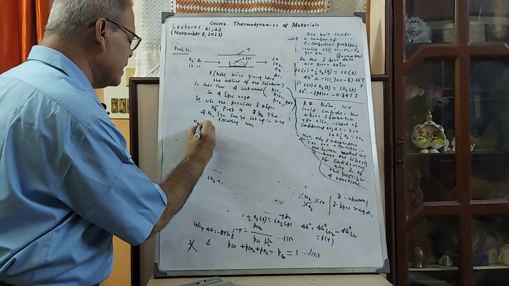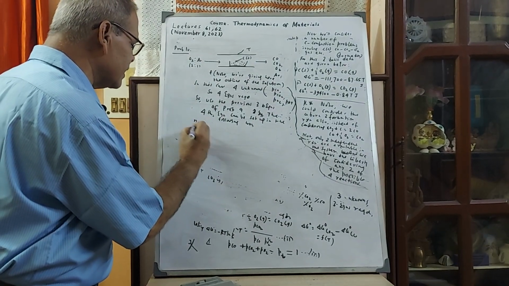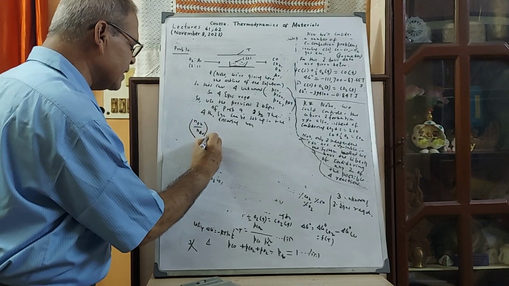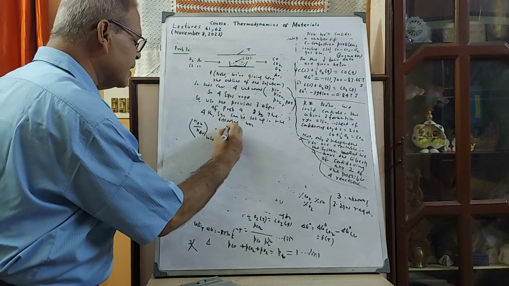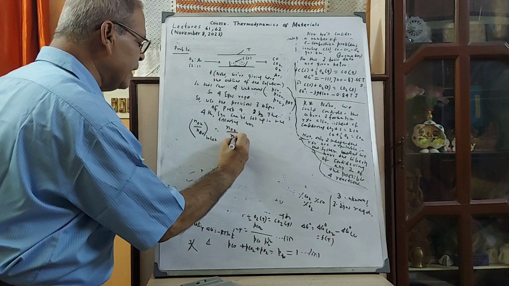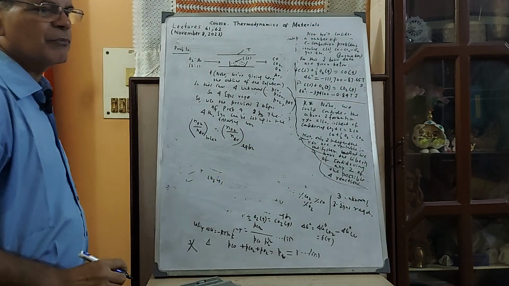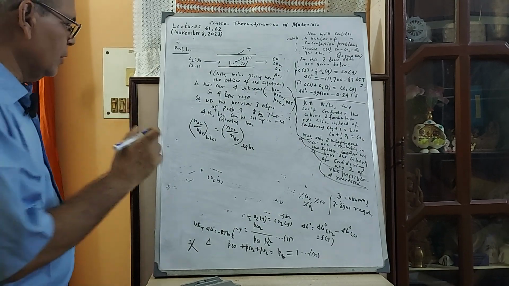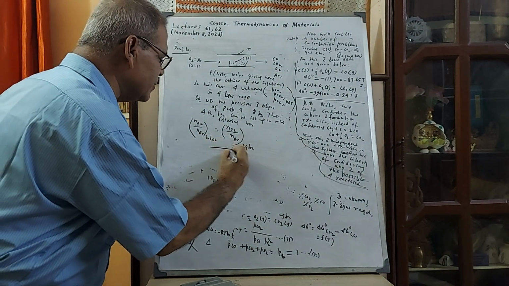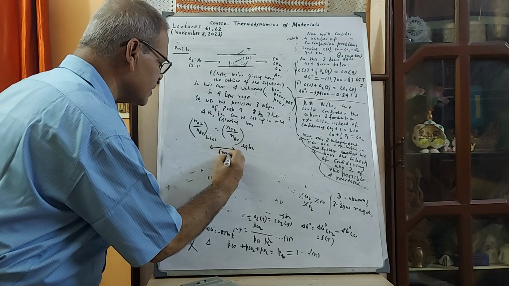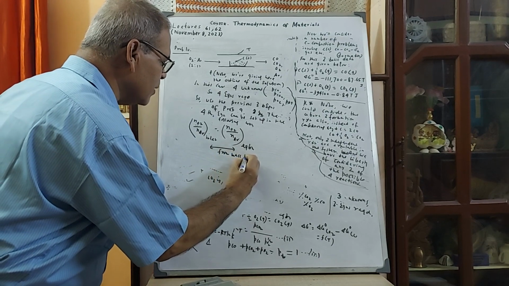NO2 by N argon. Right? Follow this logic. Inlet is NO2 by N argon, equilibrium. What is this? From mass balance.